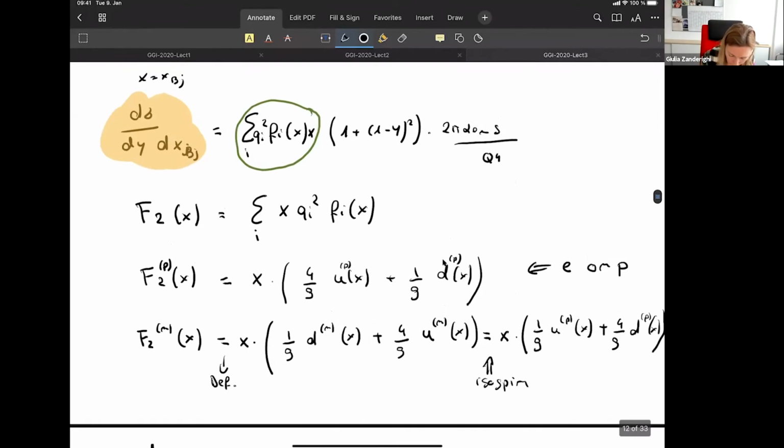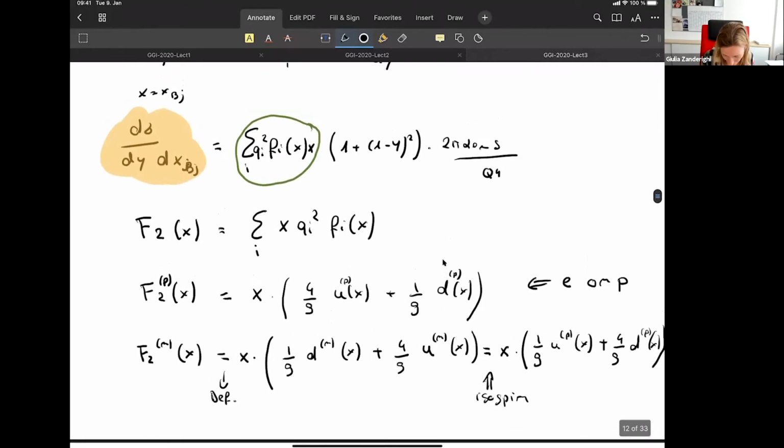Here I did not say what this i is. So i really involves everybody that is in the proton. The structure functions you sum over everybody here. But at lowest order, when we do this calculation, we think about this proton made of up, up, down. The lowest order approximation you can make is say this has up, up, down only here.